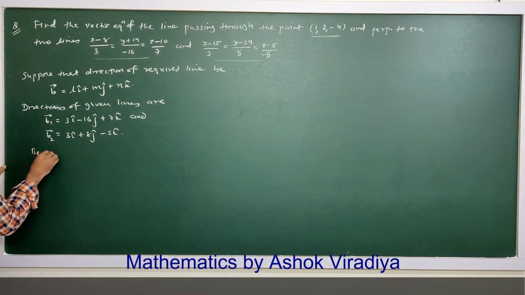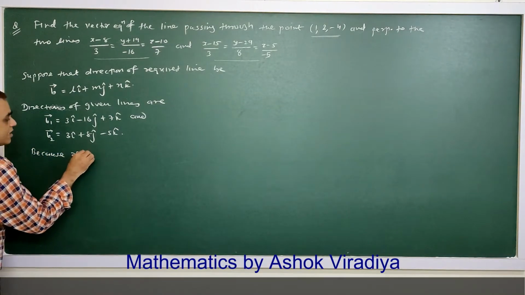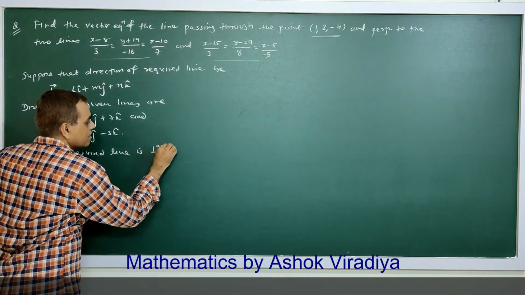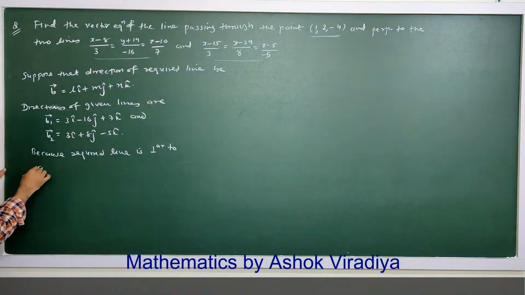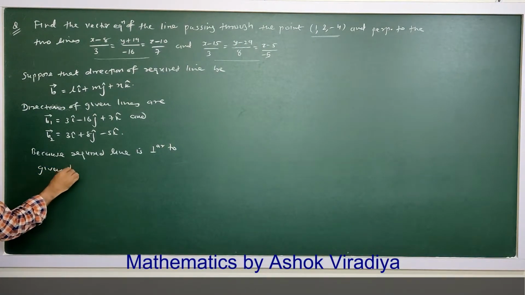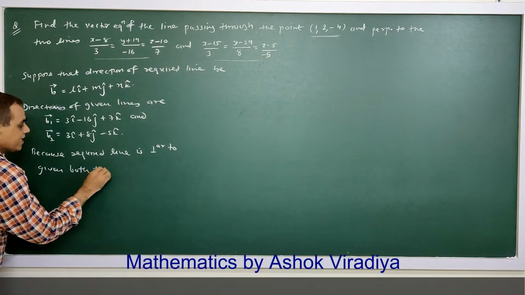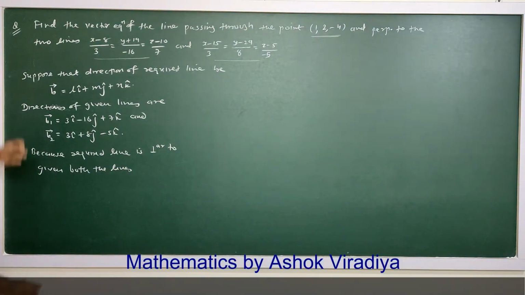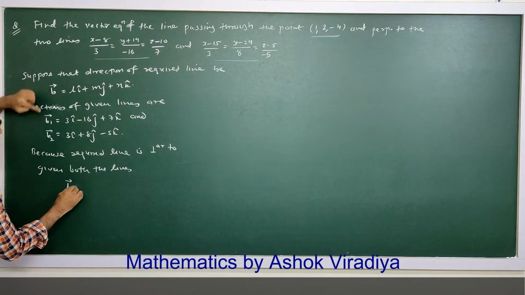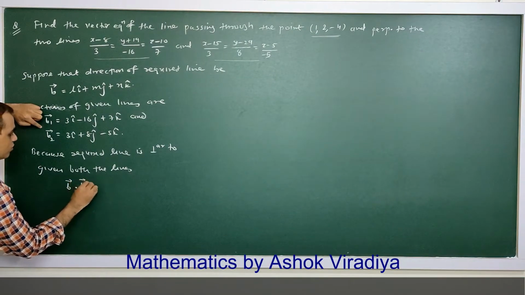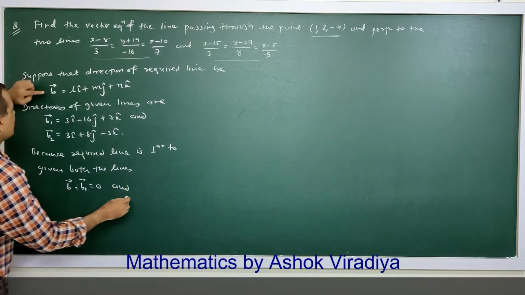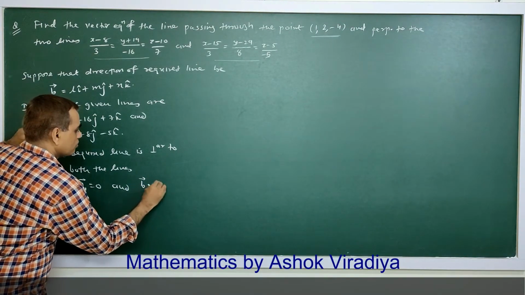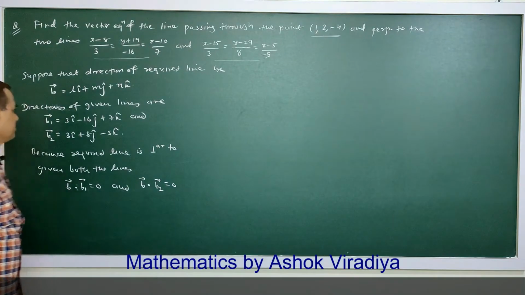Because the required line is perpendicular to both the given lines, therefore dot product of vector b with b1 is 0 and dot product of vector b with b2 is 0.